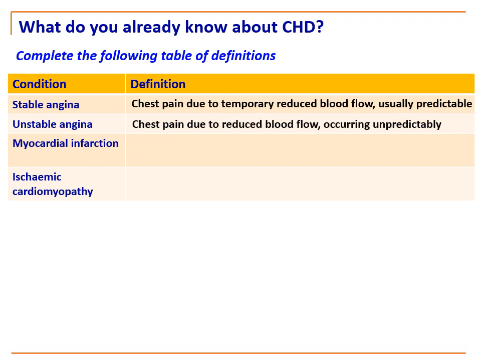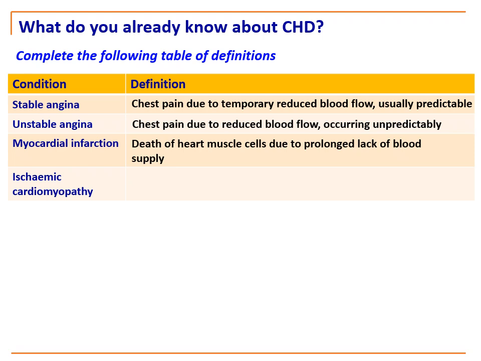Unstable angina. This is chest pain due to reduced blood flow occurring unpredictably. Symptoms can occur at rest, and they can indicate an increased risk of progression to MI, that next stage. So we've gone from stable angina, where you know when it's going to kick in, to unstable, where it could be at any point. And then we go into myocardial infarction, where we're getting death of heart muscle cells due to prolonged lack of blood supply.